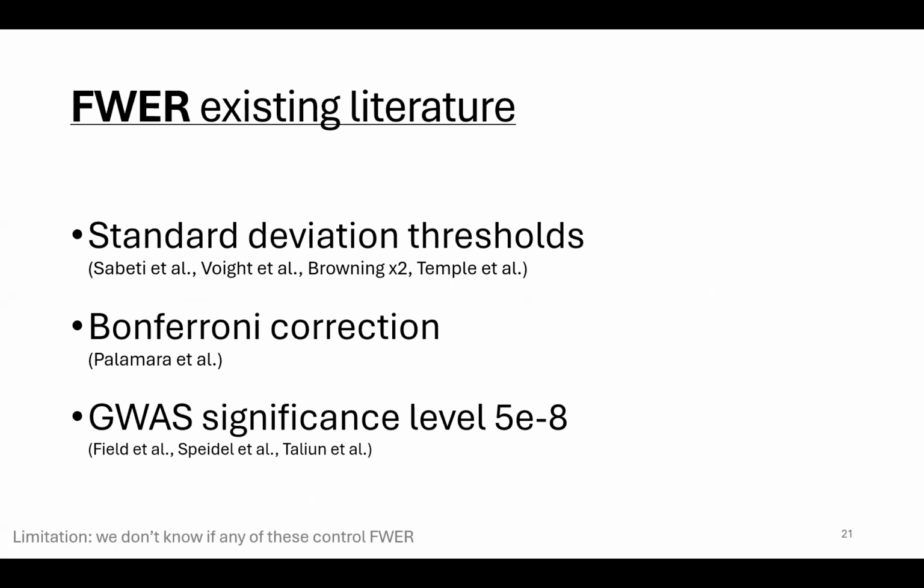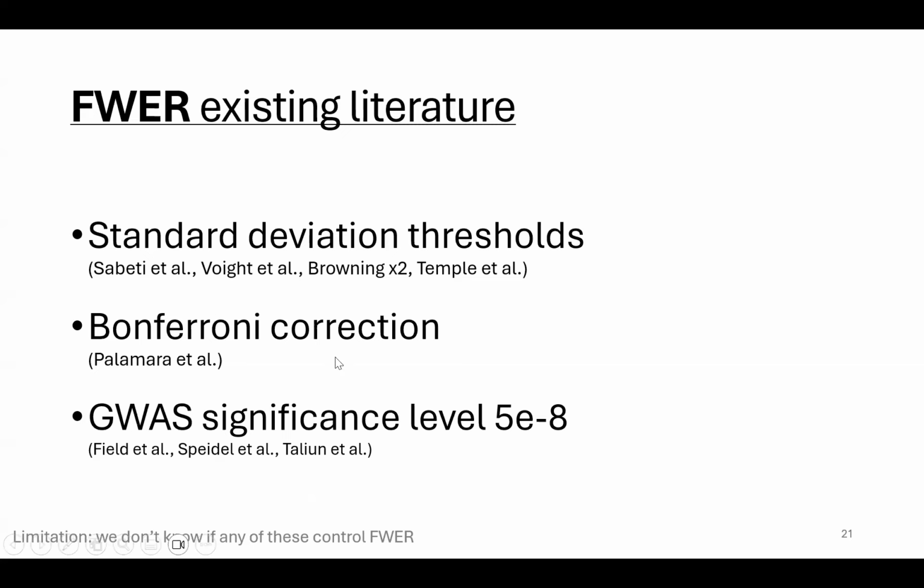Contextualizing this with the existing literature on family-wise error rates for selection scans. That's what we're going to talk about on this slide. So there are authors, our group included, that consider, say, you compute a standard deviation and you set your threshold as some number of standard deviations above a median or mean.